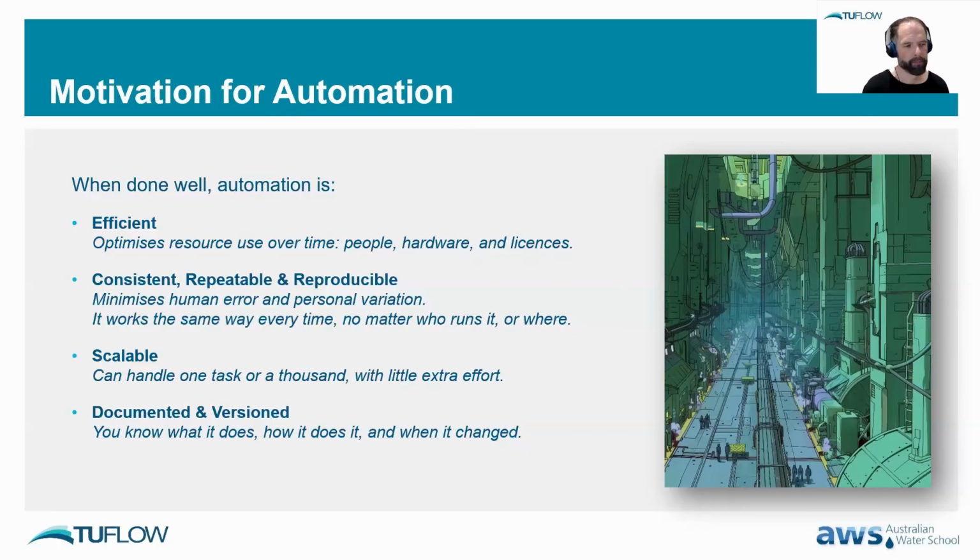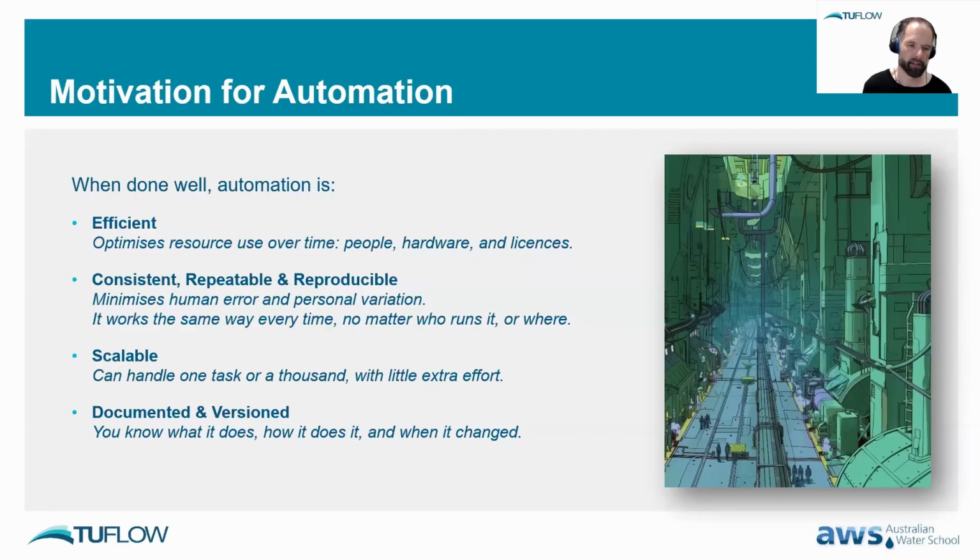Automation is scalable when done well. And that means once you get it to do one task, it can do over 1,000 with little extra effort. And importantly, it can do the same task over and over. And that's why it's often worth it to spend a little bit more time on writing good automation instead of just trying to get this one project over the line and then worry about more automation next project. Makes a lot more sense to write something that becomes reusable and put in a little bit more effort for that.